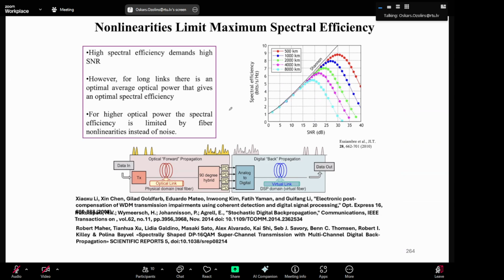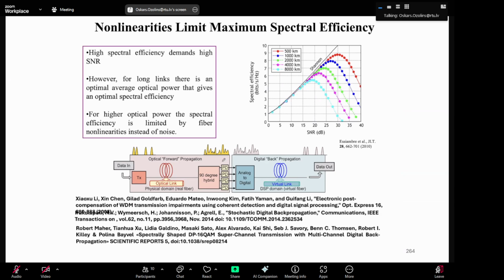Then when analog to digital converters and DSP became quite powerful, you could compensate not only for chromatic dispersion, but try to do a digital back propagation. This is quite an interesting approach: you need to guess how the fiber looks like, and along the way how the nonlinearities were added to the signal.